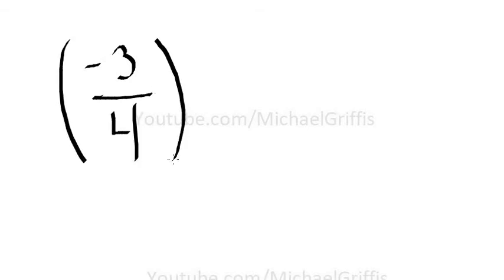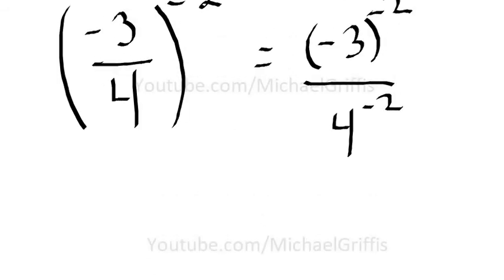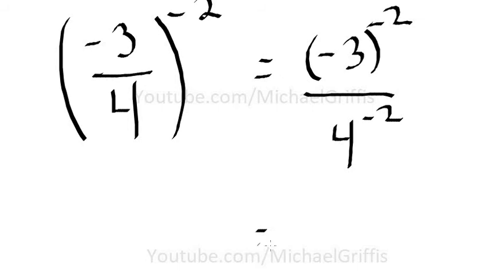Let's see. We've got negative 3 over 4, and it's all raised to the negative 2. So we have negative 3, make sure you put this in parentheses now, to the negative 2 over 4 to the negative 2. So this gets rewritten.